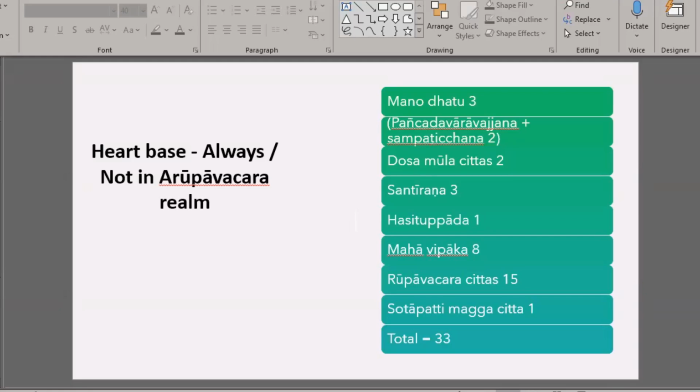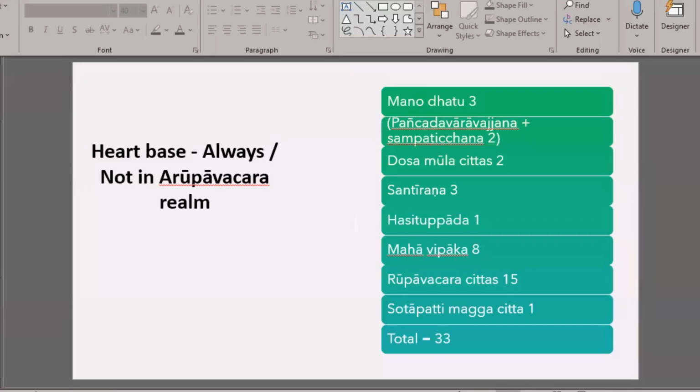So it's elementary. But those who attain the first stage as stream enterers, when they develop Arupavachara jhanas and are reborn in the Arupavachara realm, can develop the remaining Magga Chittas, the remaining stages, Sakadagami, Anagami, and Arahat.